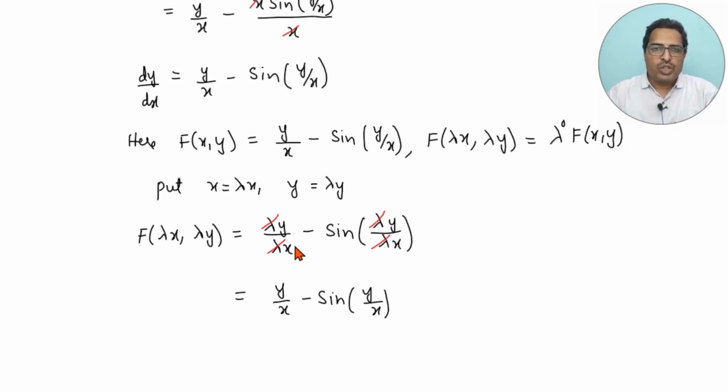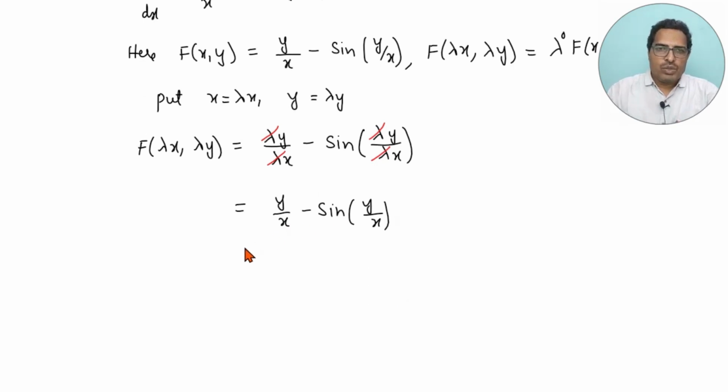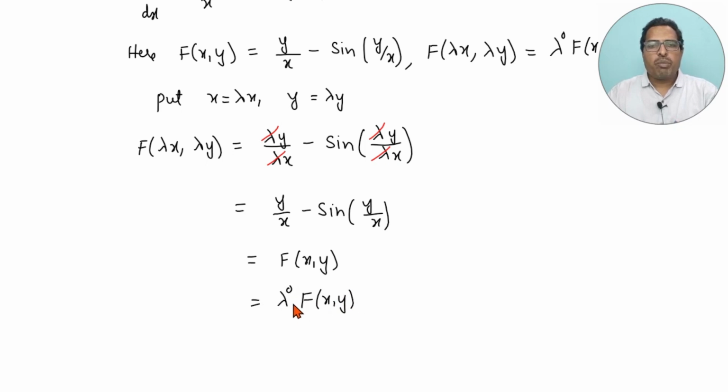So we check this one, is it not similar to the value of f of x comma y? This is nothing but f of x comma y. So therefore we get this value to be equal to f of x comma y, or can I rewrite this as lambda power of 0 into f of x comma y, because lambda power of 0 is 1.